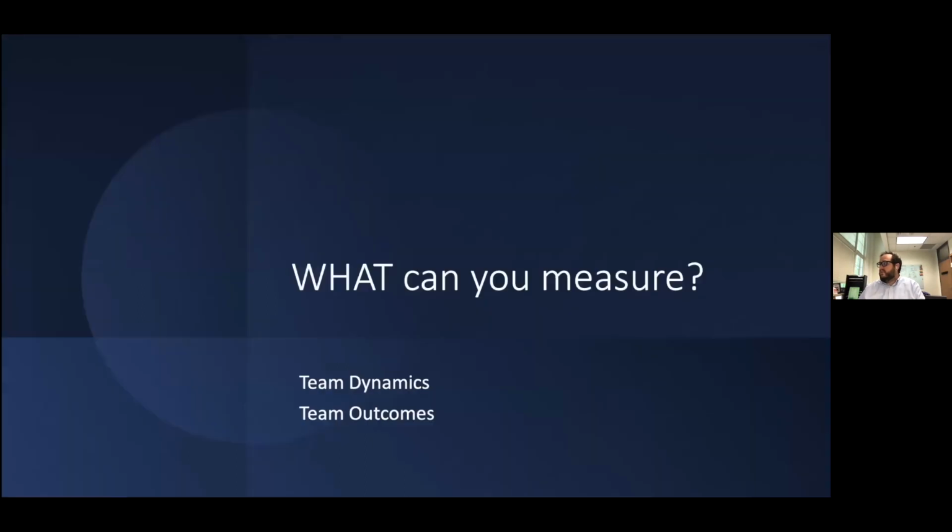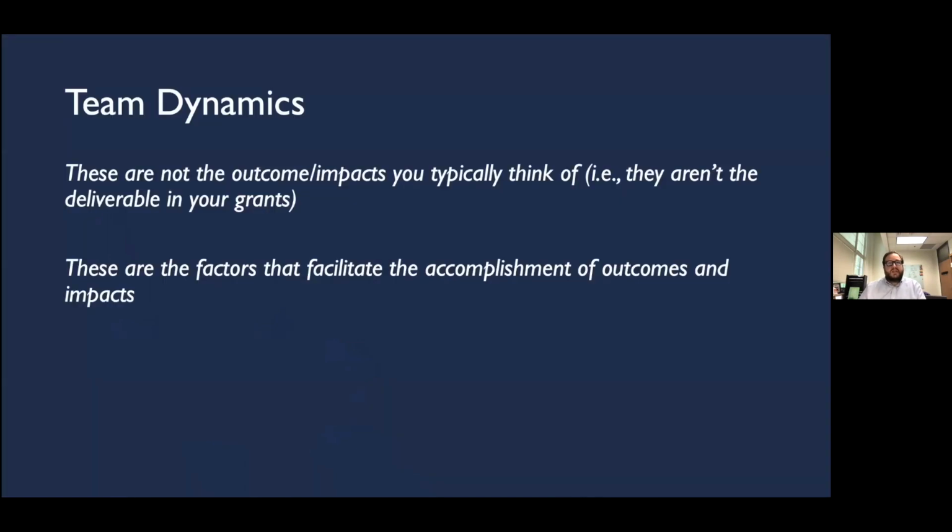And so I split up what you can measure into two different categories, as I mentioned earlier: team dynamics, which include team processes and emergent states, as well as team outcomes. So team dynamics are not necessarily the outcomes that you think of when you think of effectiveness.